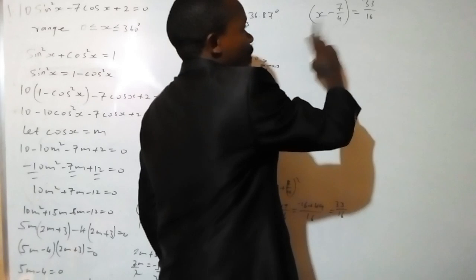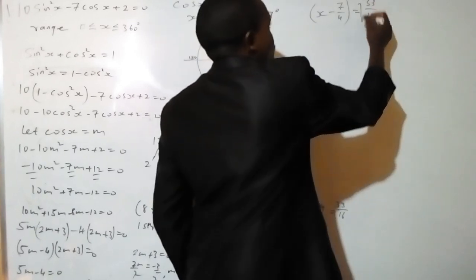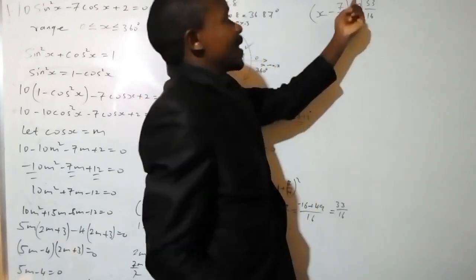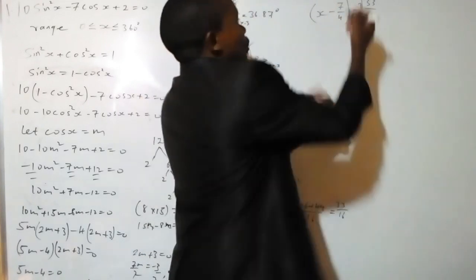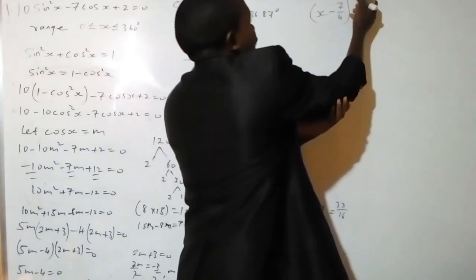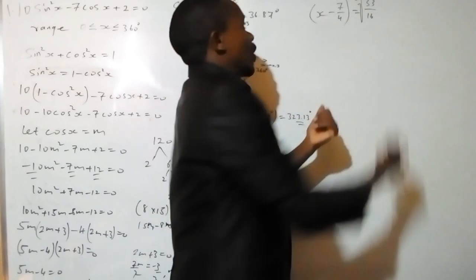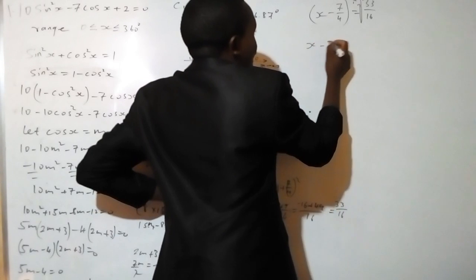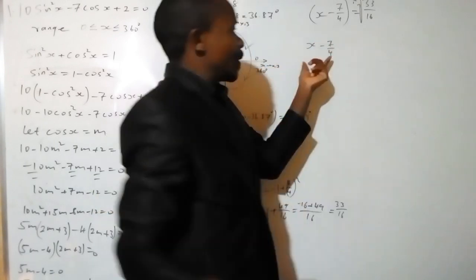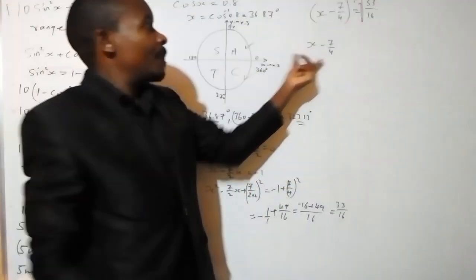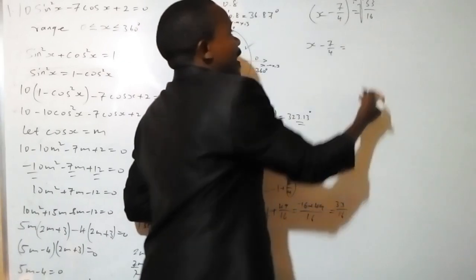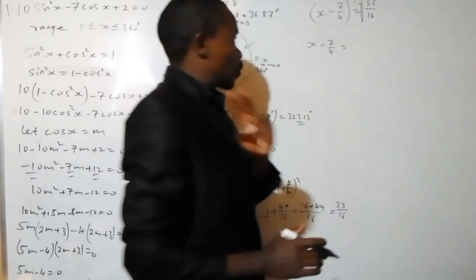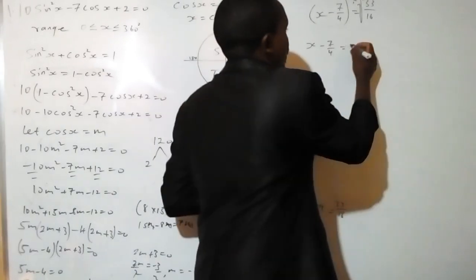You get the square root here, and the square root on our left hand side is the same as saying this is power 2, you raise it to the power a half. Raised to power half means square root. By 2 and by 2, 1. Our x minus 7 over 4, this means we have already computed the square root. Then on our right hand side, we get the square root as positive or negative, plus or minus.